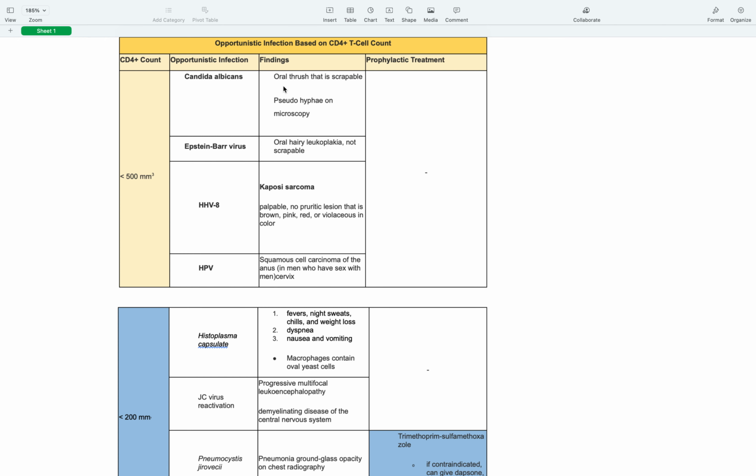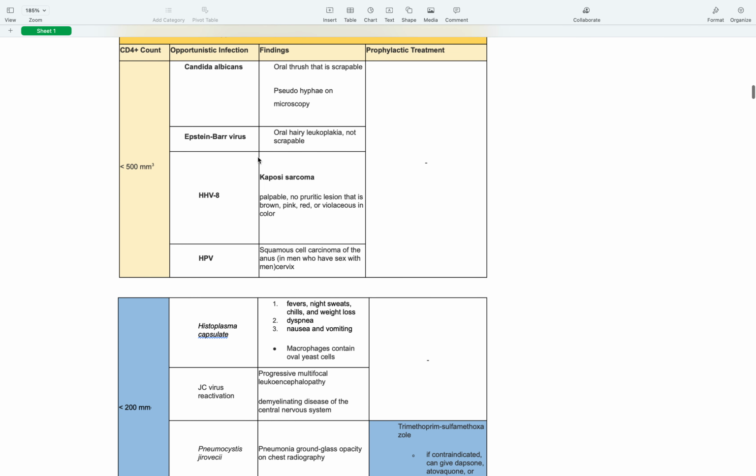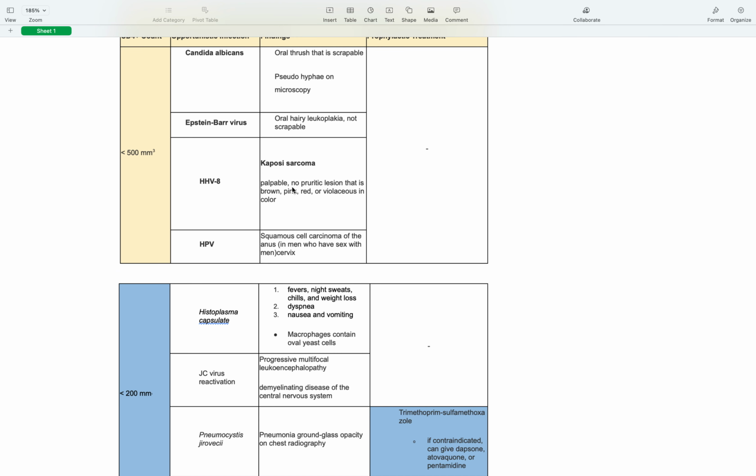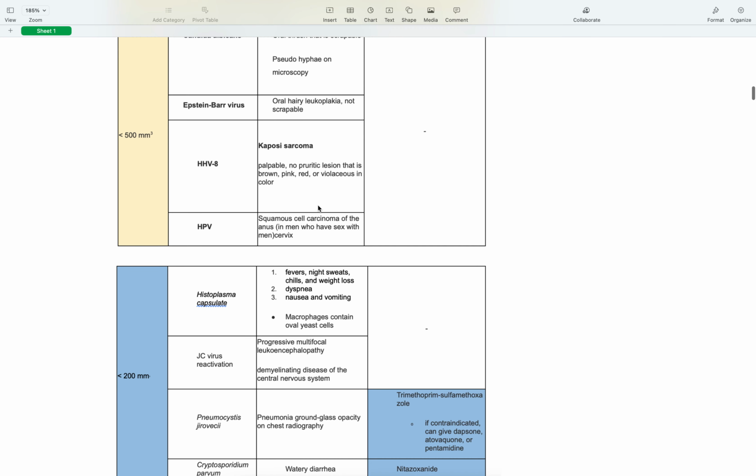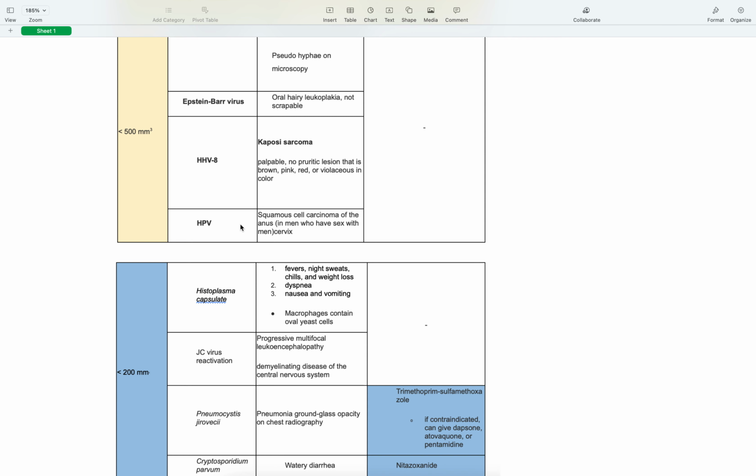Candida albicans can cause oral thrush that is scrapable, versus Epstein-Barr virus causes oral hairy leukoplakia, which is not scrapable. Then HHV8 causes Kaposi sarcoma, which are palpable non-pruritic lesions that are brown, pink to violaceous in color. Then HPV causes squamous cell carcinoma of the anus.